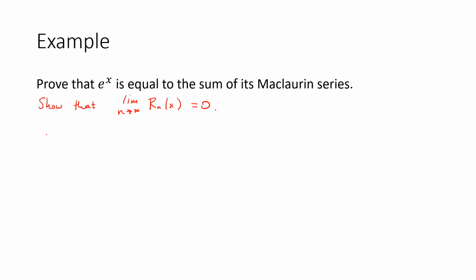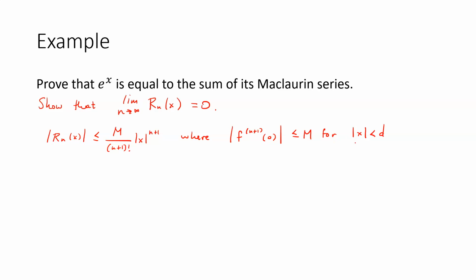Well, according to Taylor's theorem, we know that the absolute value of R n of x is less than or equal to M over n plus 1 factorial times the absolute value of x minus a, in this case a would be 0 because it's a Maclaurin series, to the n plus 1, where M is an upper bound for the n plus 1th derivative, for values of x that are in an interval of length d.